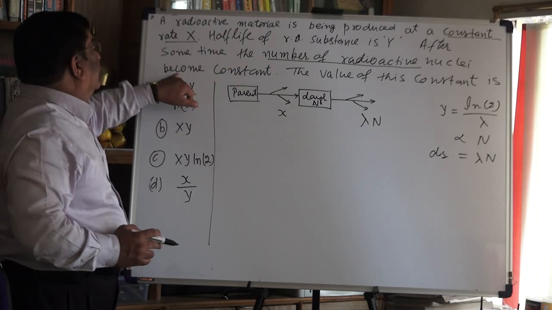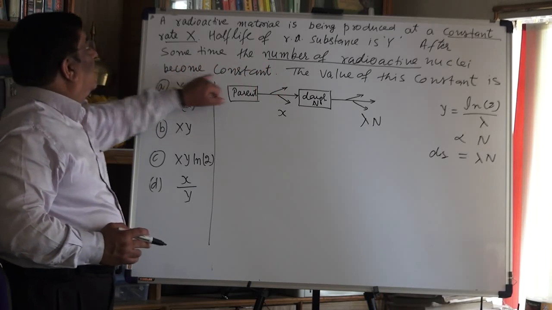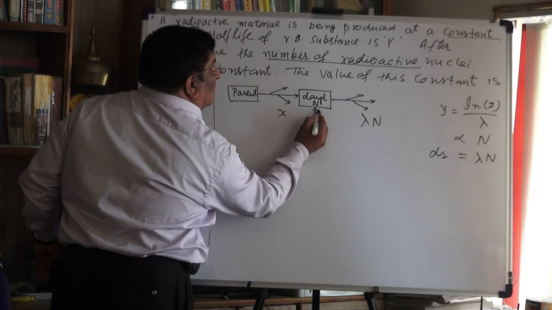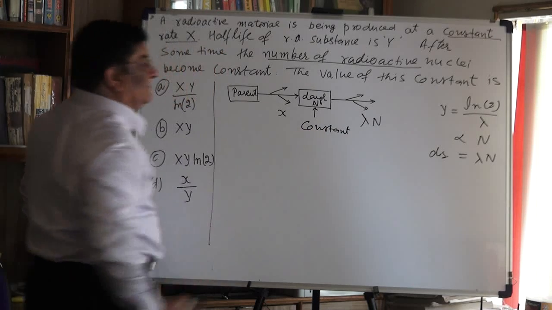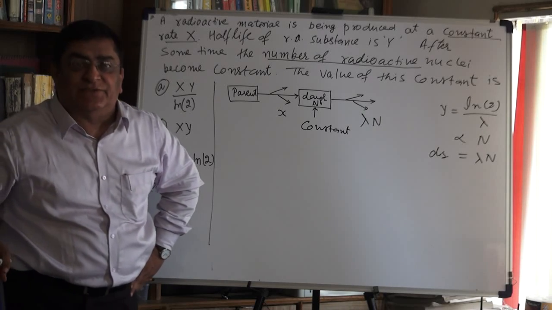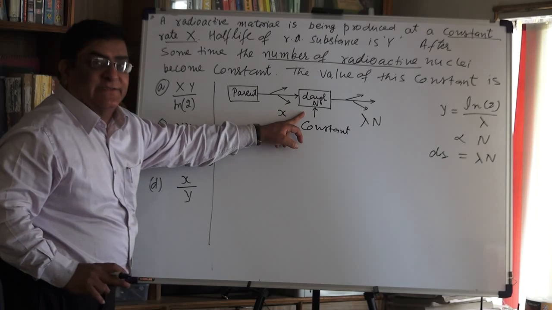Now the condition: the number of radioactive nuclei become constant. That means this n should be a constant. This should not change. Why will this change or not change? It is being produced at the rate of x.